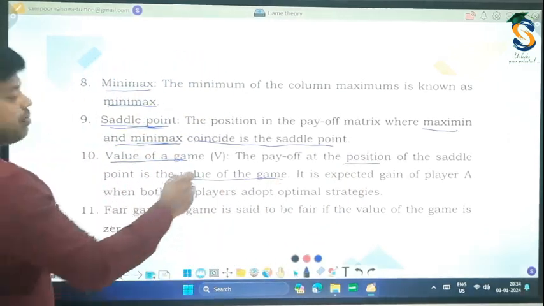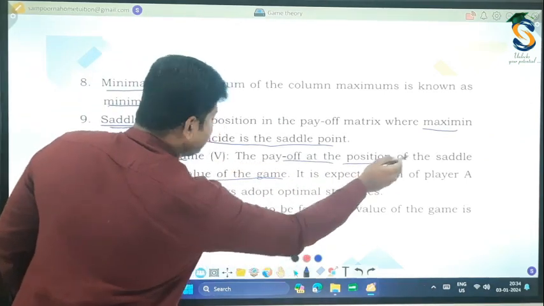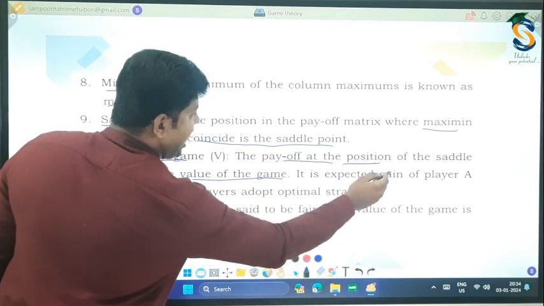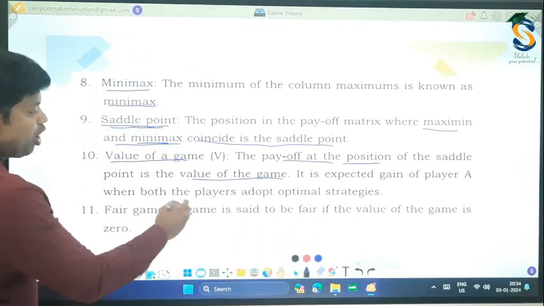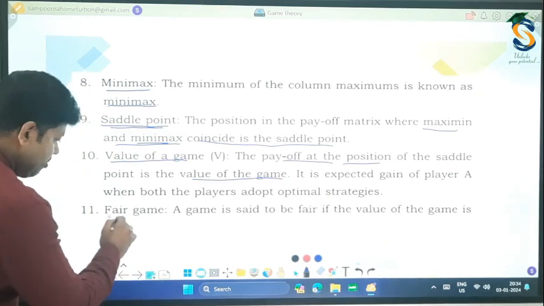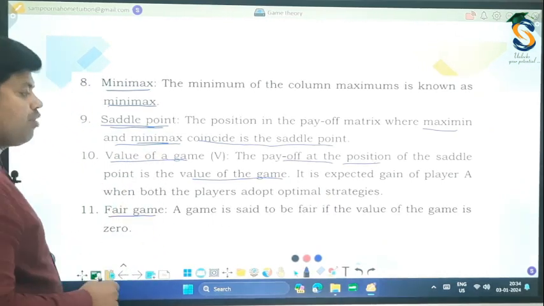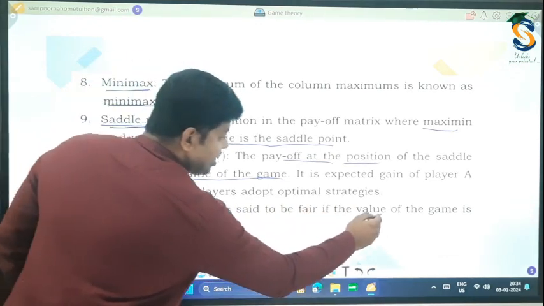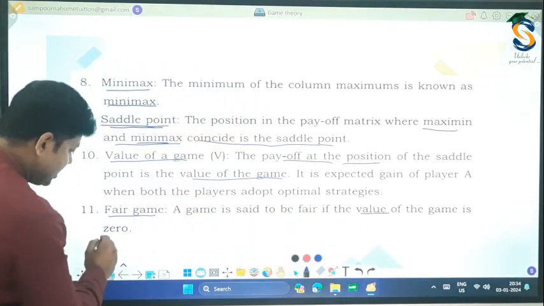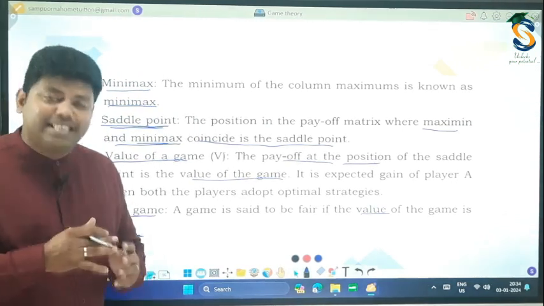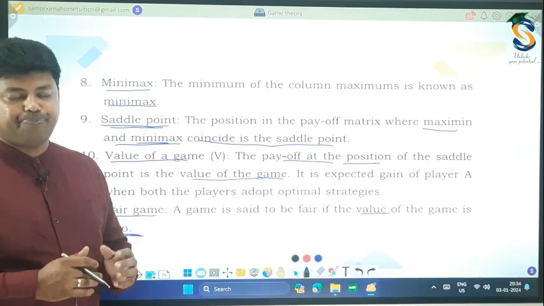It is the expected gain of player A when both players adopt the optimal strategy. The last one, fair game, very important for 1 mark. A game is said to be fair when the value of the game is 0.